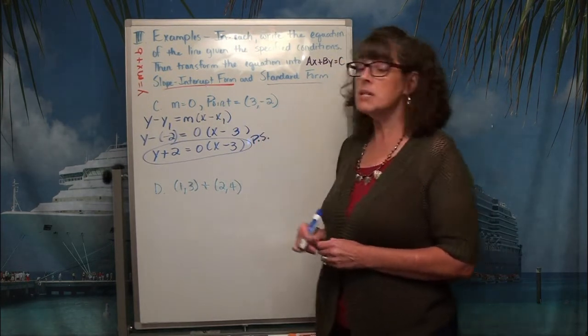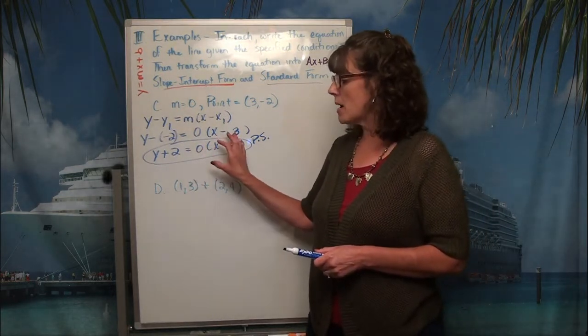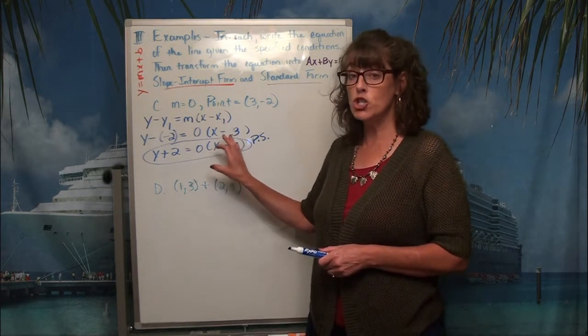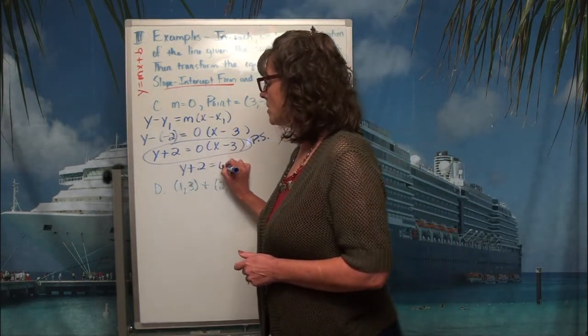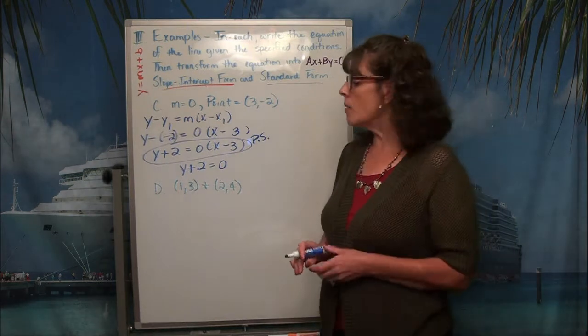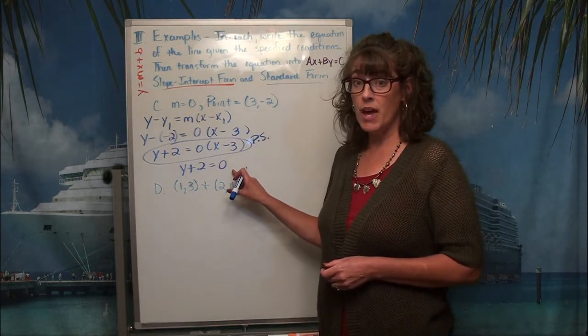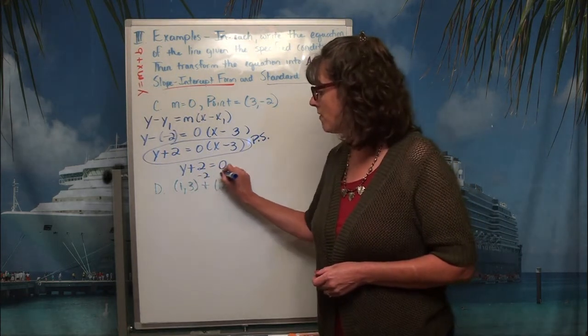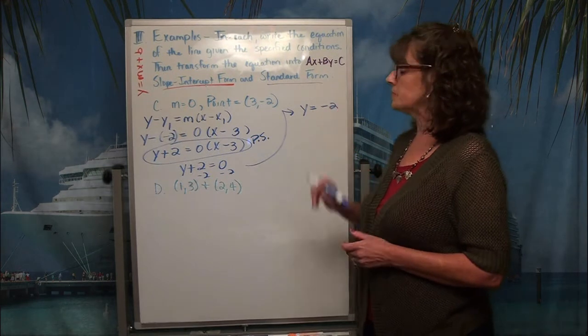However, some teachers and some textbooks say, now wait a second. 0 times anything at all is just a 0. So I really have y plus 2 equals 0. And then some will say, you know what? It's not that hard to slide that 2 over. And when I do, I'm subtracting it off, and that will give me y equals -2.